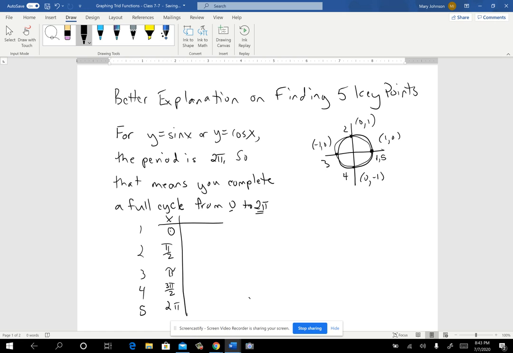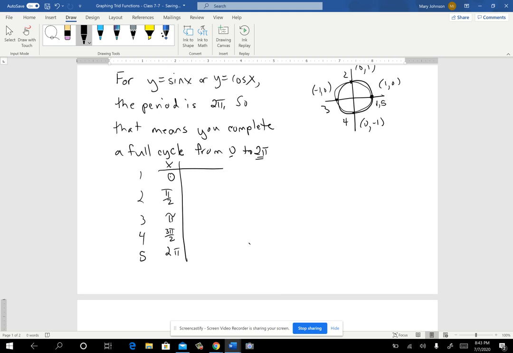All right, and so these angles, 0, pi over 2, pi, 3 pi over 2, and 2 pi, these are the quadrantal angles. So it's really easy then to determine the sine, the cosine, and so on. The 5 key points are the quadrantal angles that you hit as you move around that unit circle, okay?